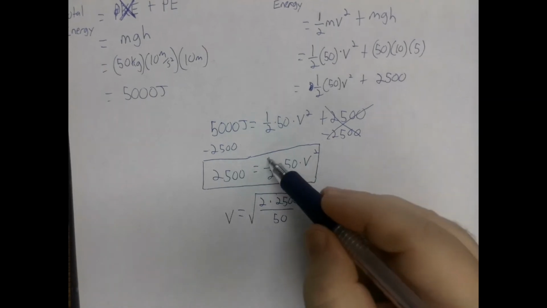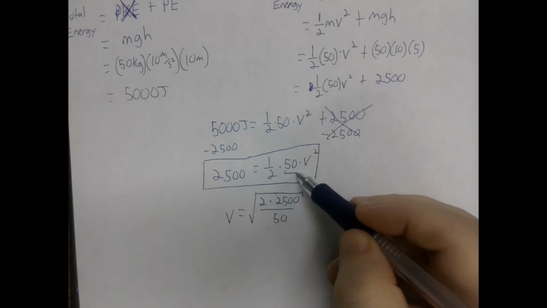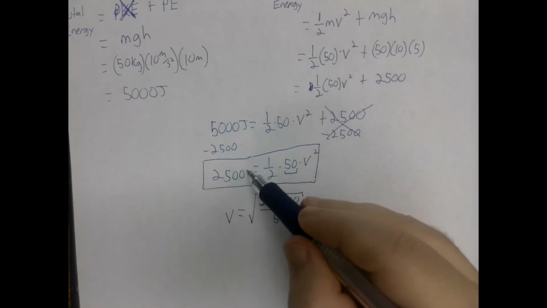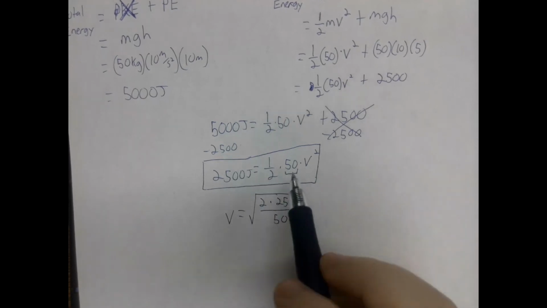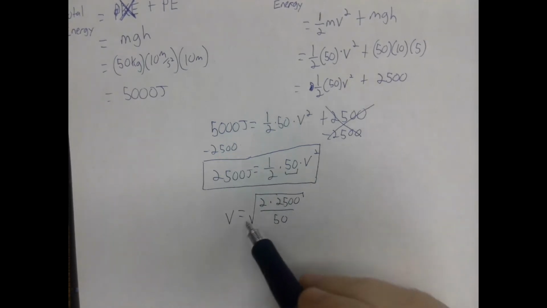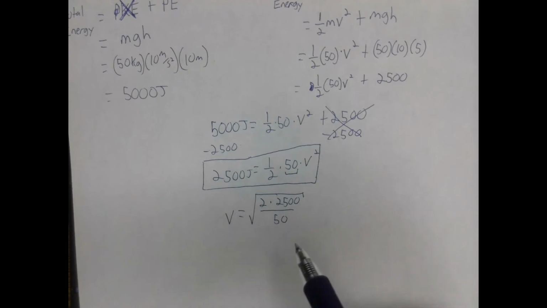So if you have 1/2 times a mass value times velocity squared is equal to joules on this side, you can use that table I gave yesterday and figure out the equation.